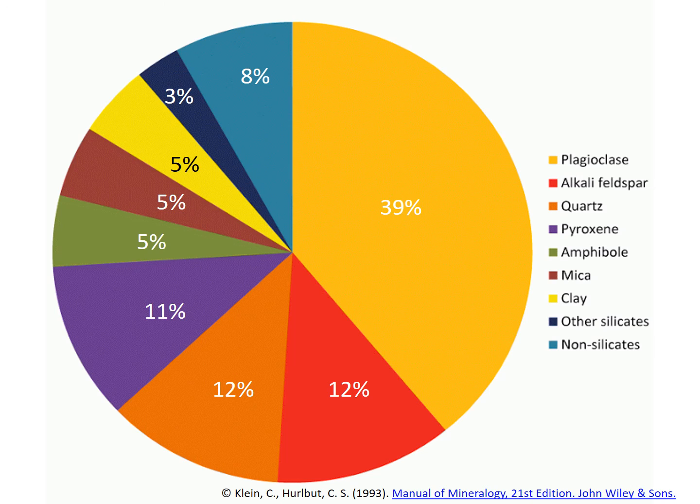Other common silicate minerals are quartz, about 12%, pyroxenes, 11%, amphiboles, 5%, micas, 5%, and clay minerals, another 5%. The rest of the silicate family comprises 3% of the crust. Only 8% of the crust is composed of non-silicates, such as carbonates, oxides, sulfides, sulfates, native elements, etc.